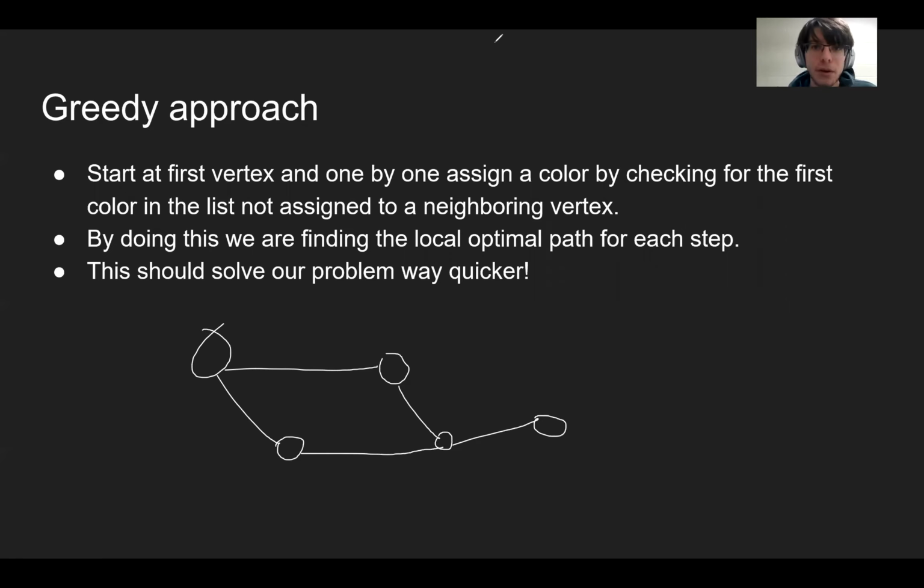Okay, so we start at the first vertex. Let's say this is our start vertex. And we assign one by one a color. We're checking for the first color in the list not assigned to a neighboring vertex. So let's color the first one red.